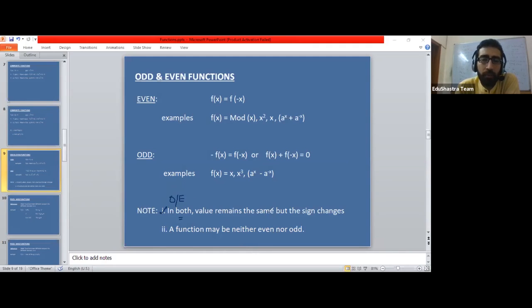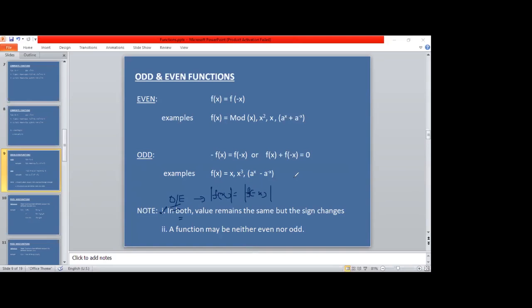It's the sign. So what I want to say here is, for either odd or even function, the value of f(x) and the value of f of minus x will be the same, but the sign may change. I can also put this as: for both odd and even functions, mod of f(x) is equal to mod of f of minus x.